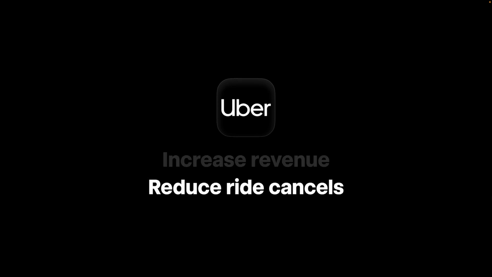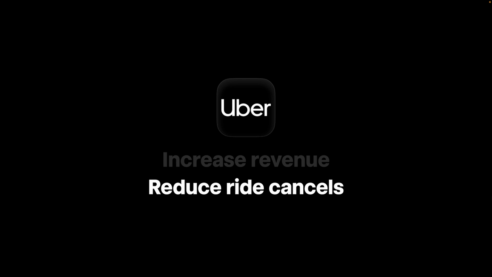Next example, let's take a look at Uber. Let's say they want to increase revenue. One of the ways is by reducing ride cancels. What does this mean? Uber makes revenue when a ride is completed, right? But a lot of people are canceling rides, so the company wants to reduce ride cancels. This can be a primary KPI because it's directly linked to revenue.